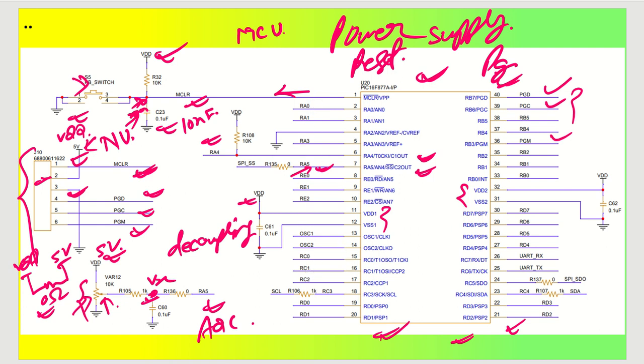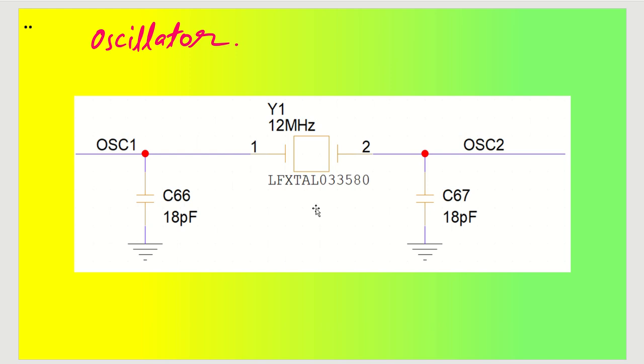In the next slides I'll take them up one by one. So let us talk about the oscillator first. We need a frequency input also, like we need a clock for this particular microcontroller. Right now I have taken a 12 megahertz crystal oscillator. You can take up to 20 megahertz maximum, okay. So up to a 20 megahertz crystal oscillator you can utilize.